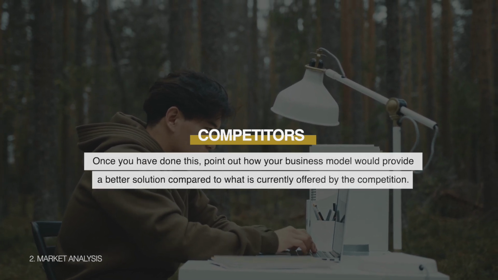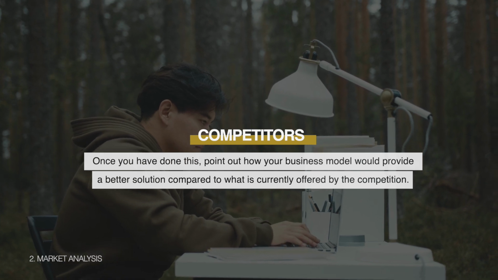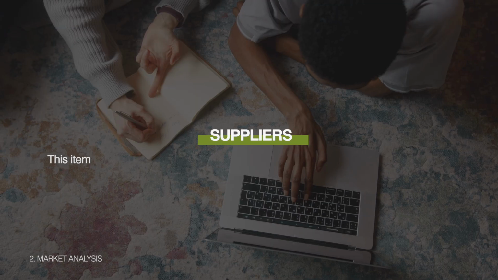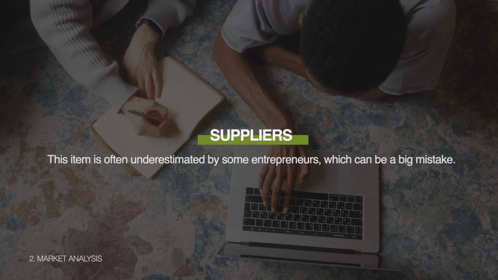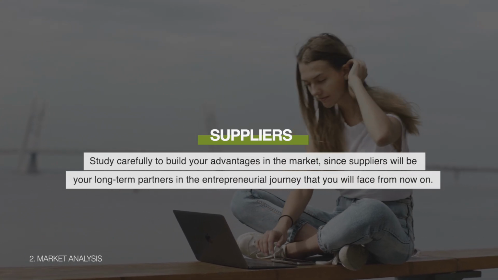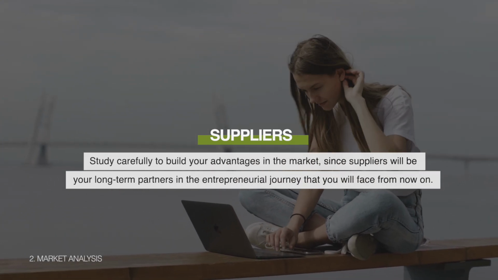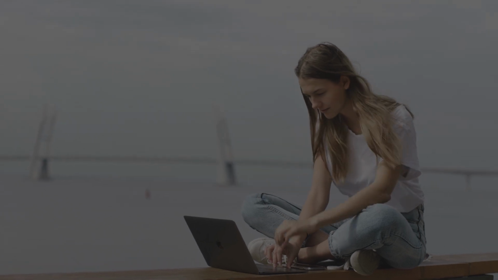Once you have done this, point out how your business model would provide a better solution compared to what is currently offered by the competition. Suppliers. This item is often underestimated by some entrepreneurs, which can be a big mistake. Therefore, study carefully to build your advantages in the market, since suppliers will be your long-term partners in the entrepreneurial journey that you will face from now on.